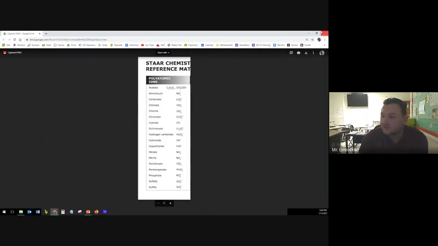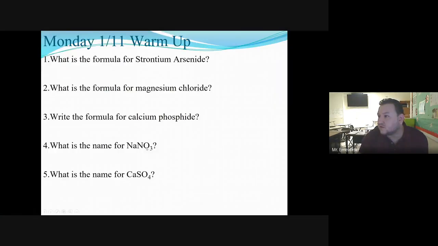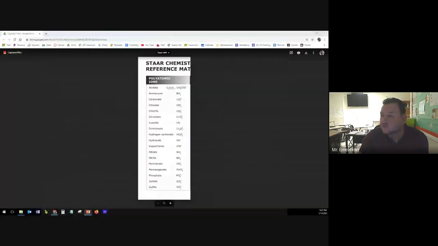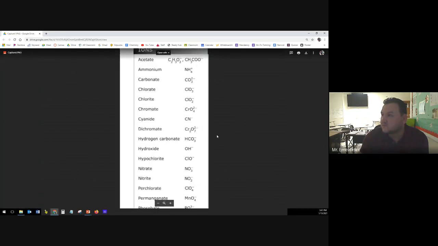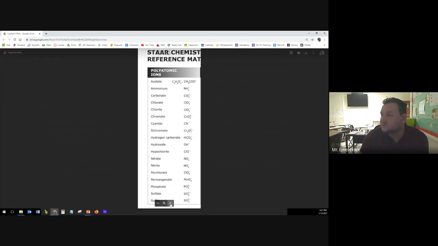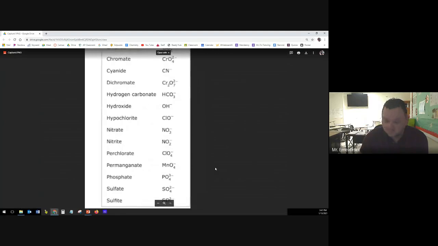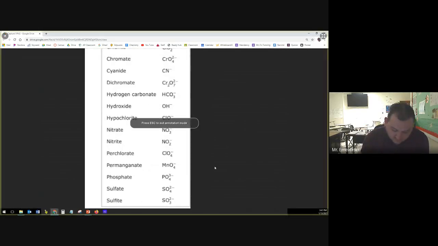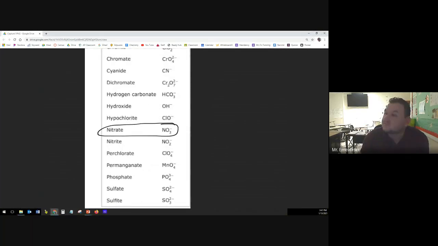So let's go back to the warm-up here. We're looking for NO3. I know that's not an element. I know that's a polyatomic ion. So I'm going to go to that list and find it. See if we can zoom in a little bit. Anybody see it? Nitrate. All right, so I'm going to call that the nitrate.